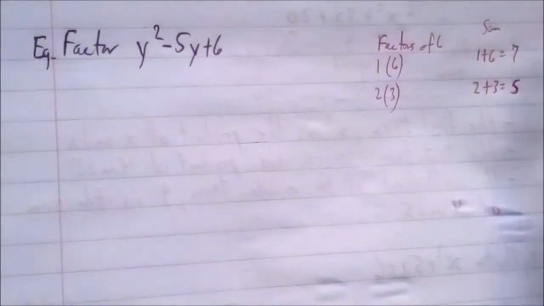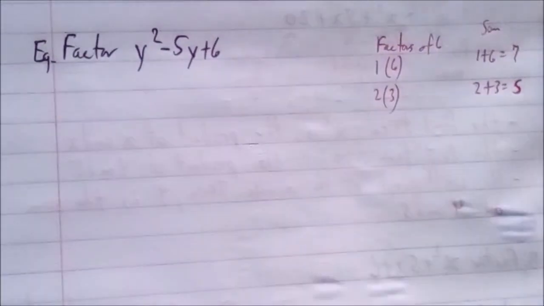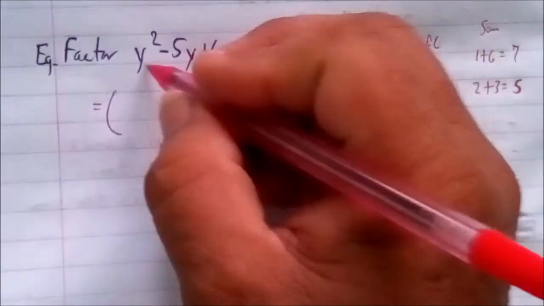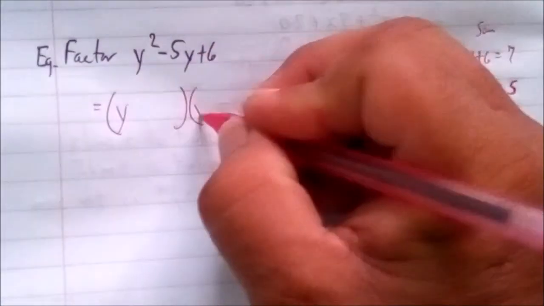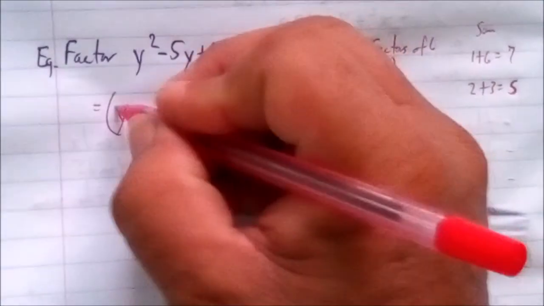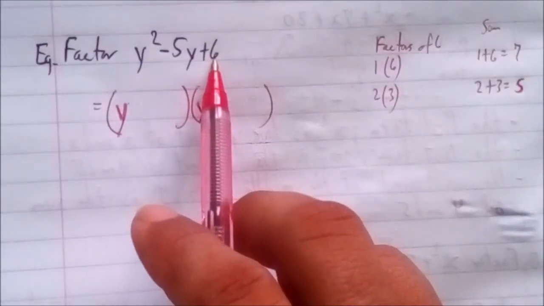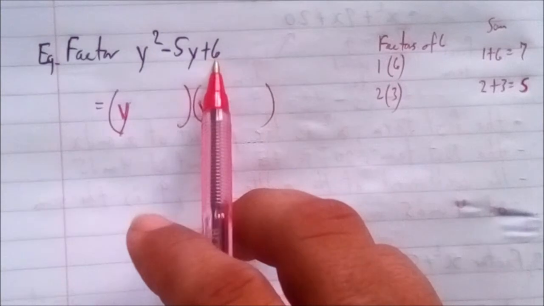Okay? Now, let's see how this works out. We know that the first term, y, we put our brackets, we know that this is y times y. We know that for a fact. That is finished. We know that this last term is the result of the product of two numbers.